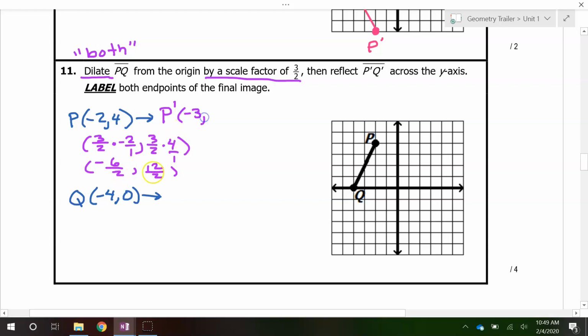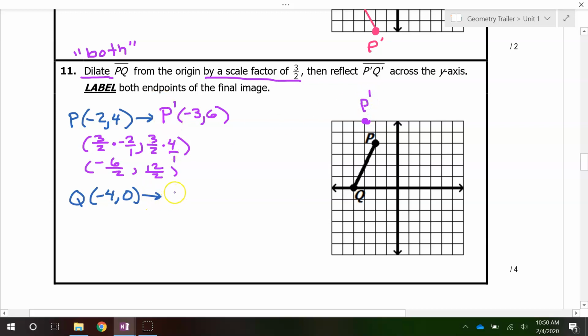So I'll have (-3, 6). So that's the dilation. Negative 3, comma 6 is going to be right here. So that's going to be P prime.